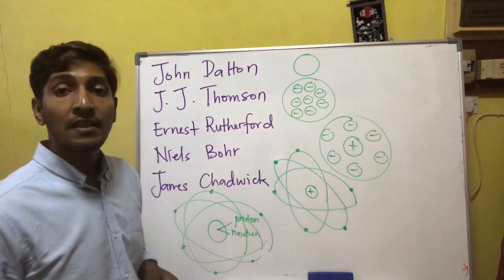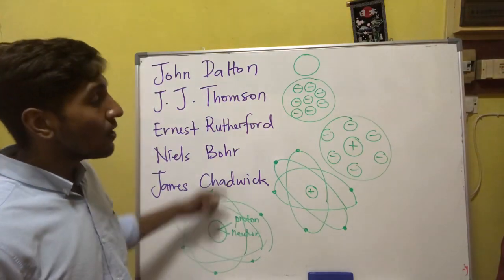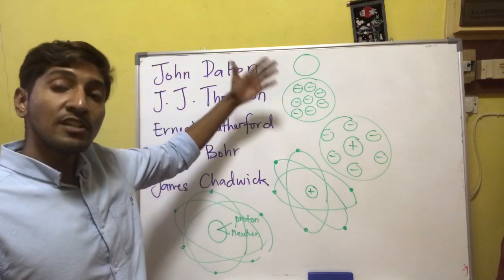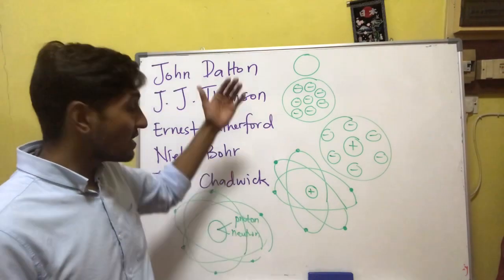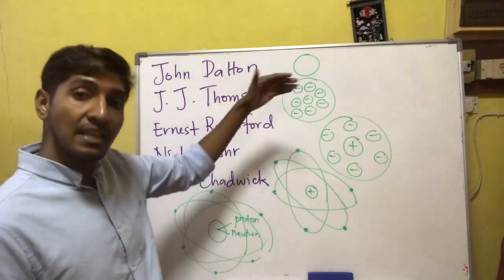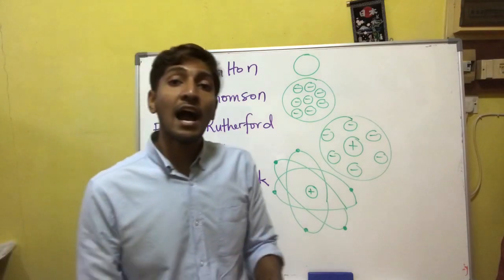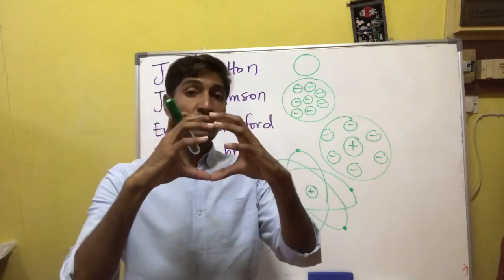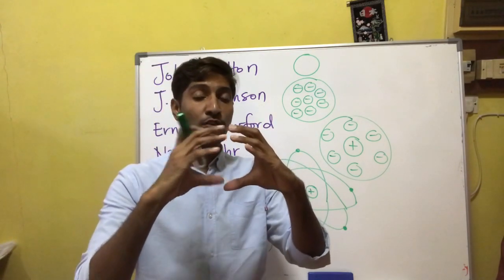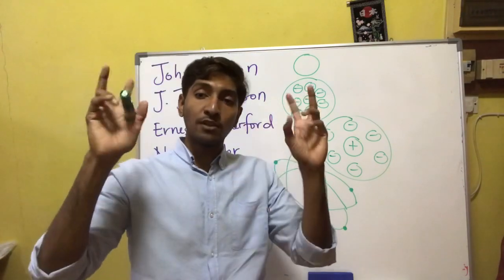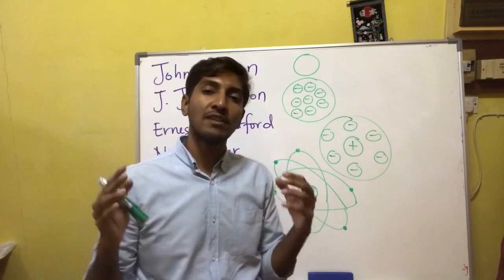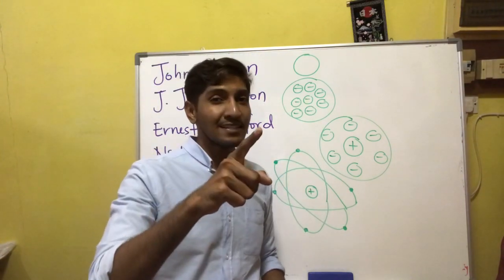This is how the knowledge evolved, discovery after discovery, until now our atom has a nucleus with protons and neutrons, and shells, which are the orbits of the electrons moving around. We'll talk about it later in the next clip.